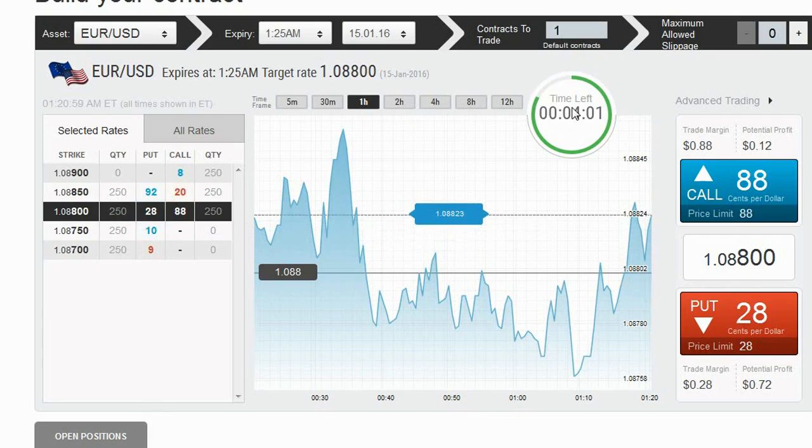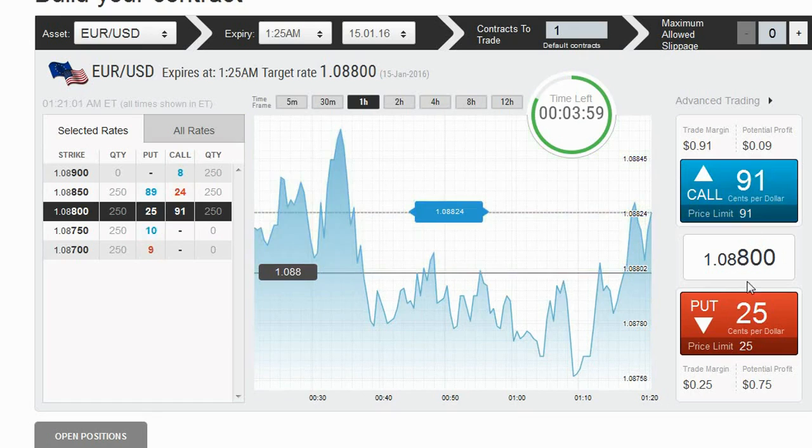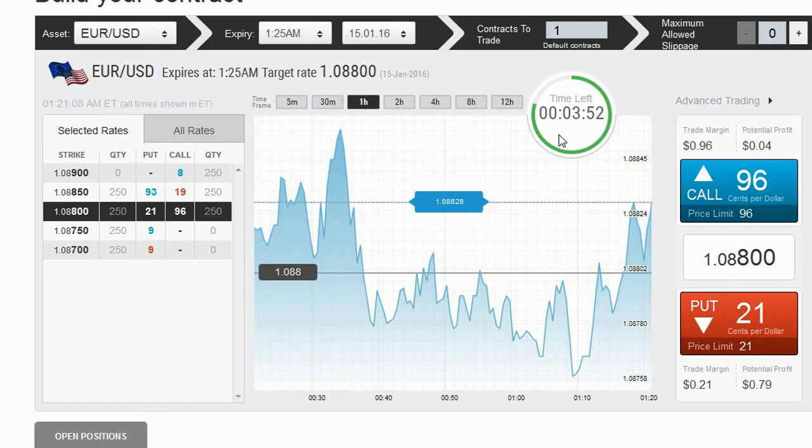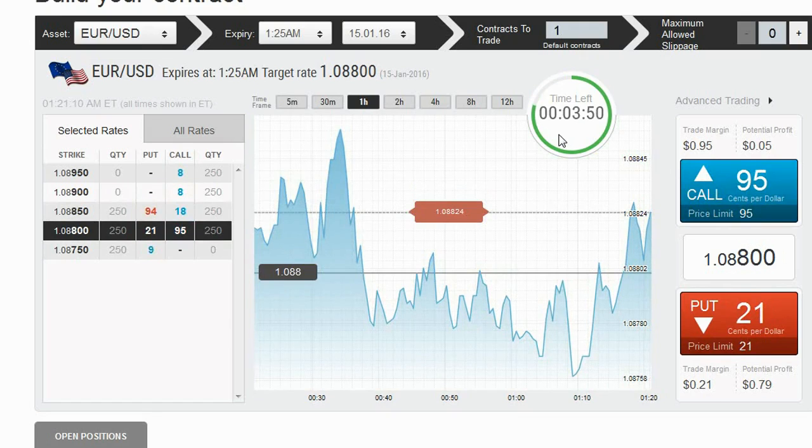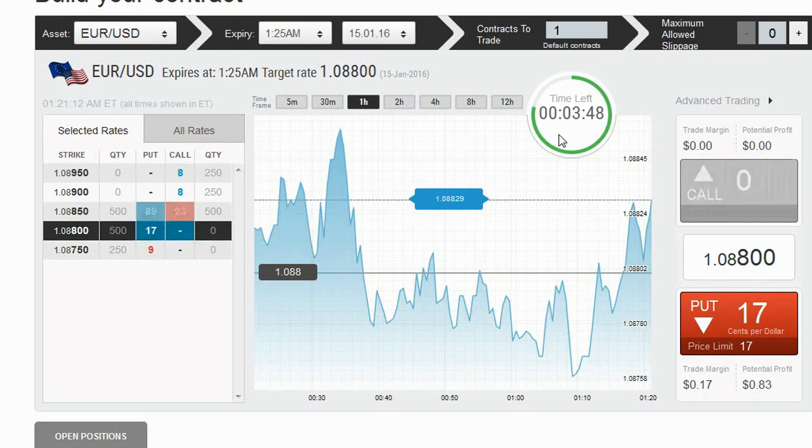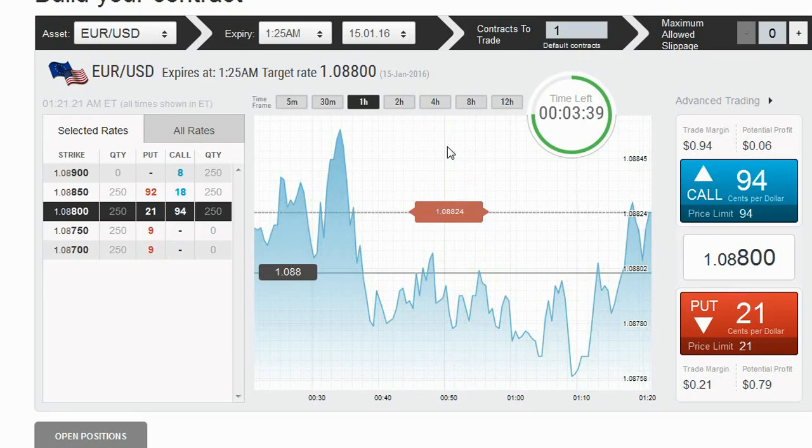Well, there weren't any prices available over here. That's that dark area of a binary option, and when that happens is usually around that last minute or so of the option. For the longer time, it could be for more.